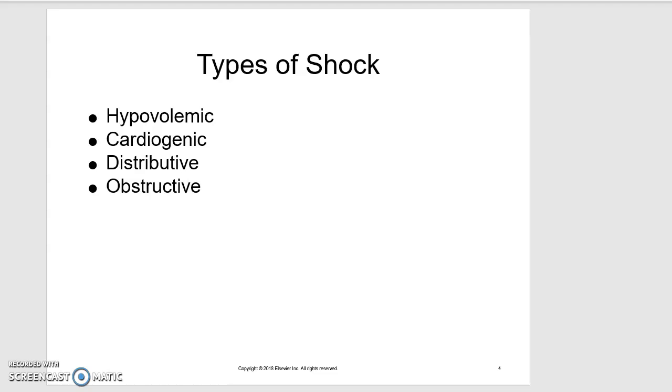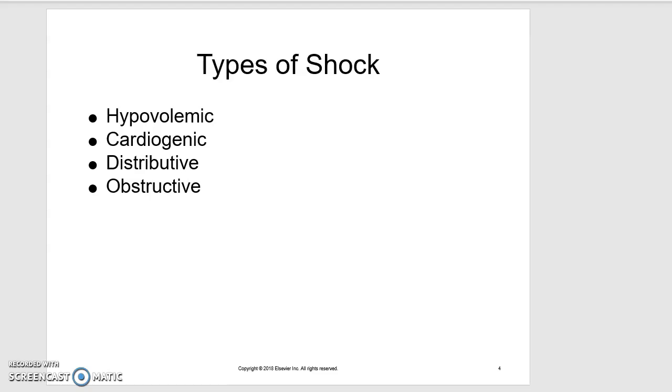If you look at distributive shock in table 37-1 on page 752, you'll also notice that burns is a cause for distributive shock. So you should be linking burns and the fluid shift that we talked about in that chapter with distributive shock. Finally, obstructive shock is caused by problems that impair the ability of the normal heart to pump effectively.